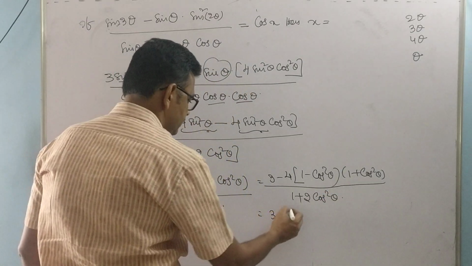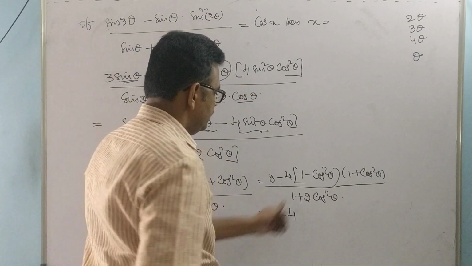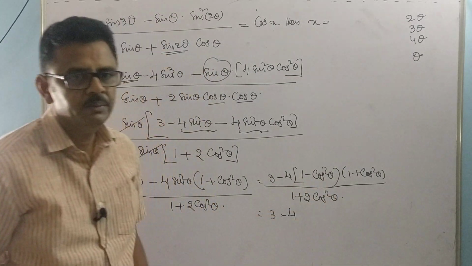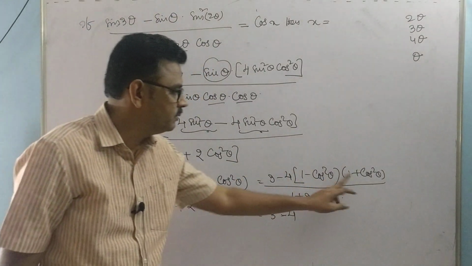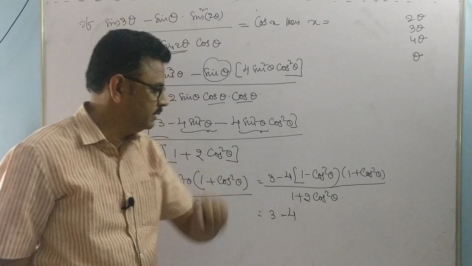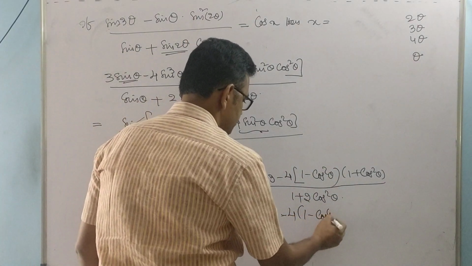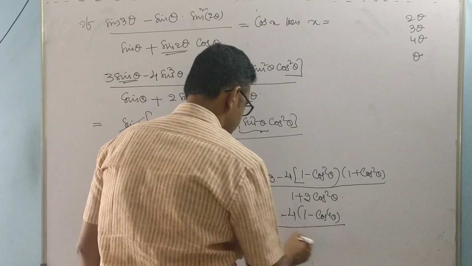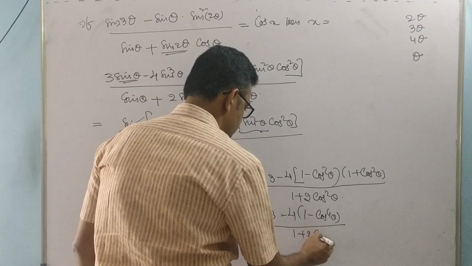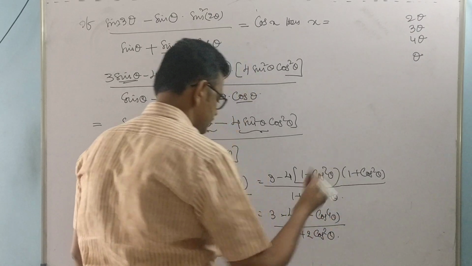That is equal to 3 minus 4 into a minus b into a plus b. What is a minus b into a plus b equal to? A square minus b square, where a square is 1 minus cos power 4 theta by 1 plus 2 cos square theta.